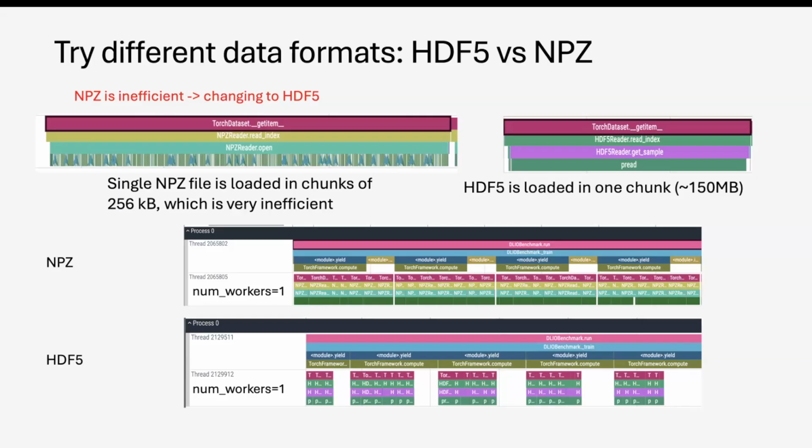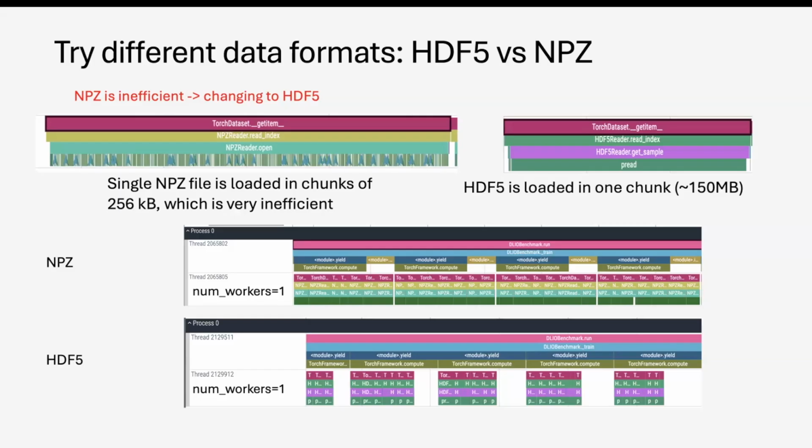So I figured if I changed to HDF5 format rather than NumPy array, I would immediately improve the performance, because in HDF5 format, when I use h5py, it loads the entire file, which is about 100 megabytes, as one chunk, versus with NumPy array, you load 256 kilobyte small chunks of data, and that creates a lot of overhead.